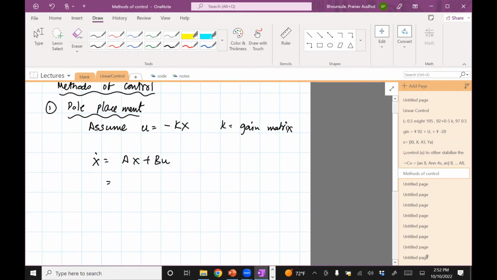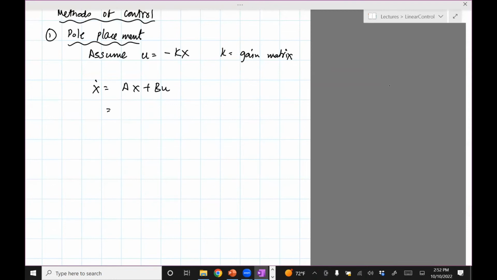Sub in the value of u. We have Ax minus BKx, since I put u equals minus Kx. So we have x dot equals (A minus BK) times x.